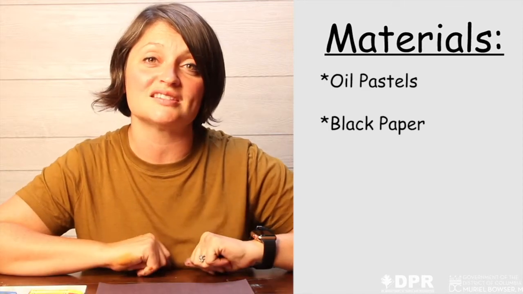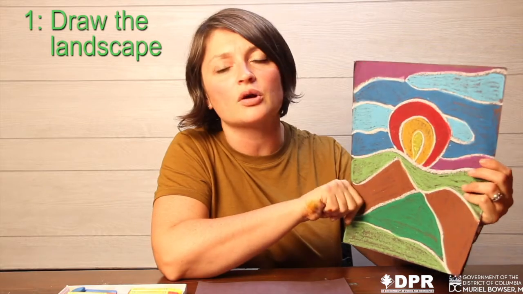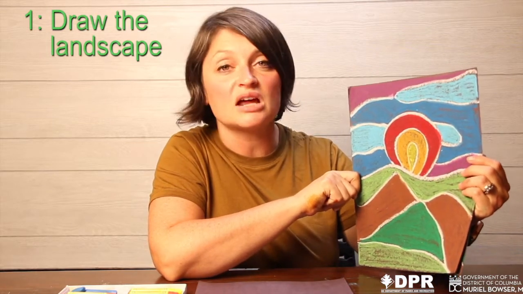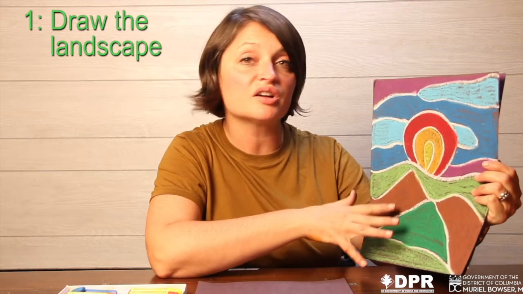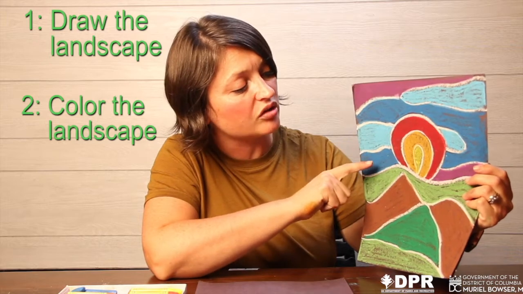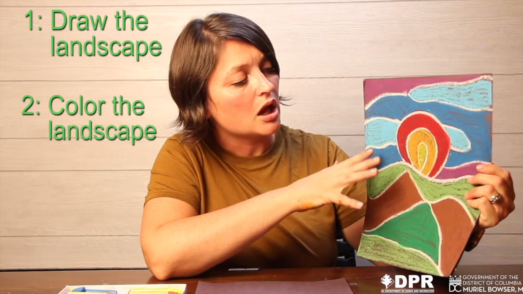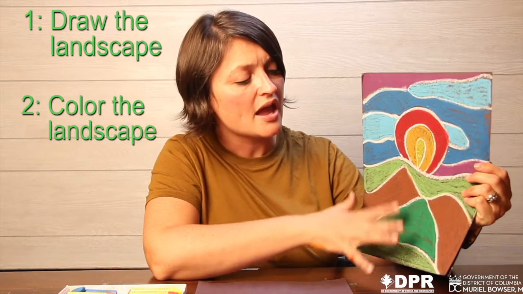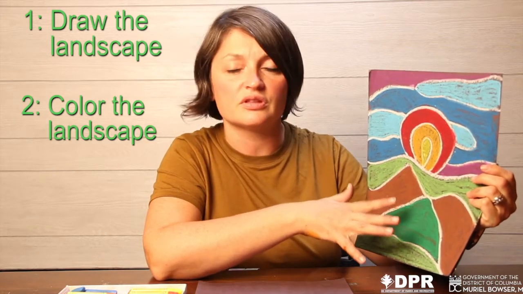Let's go over the process that we're going to take to do our work. First we're going to draw out our landscape using our white oil pastel. After we're done with that, we're going to color in all of these blocks of color, each with a single color, with shades of blues and purples and pinks for the sky and some greens and browns for the mountain, okay?